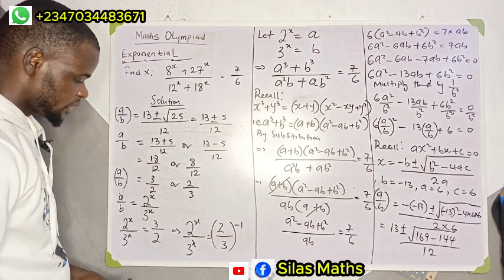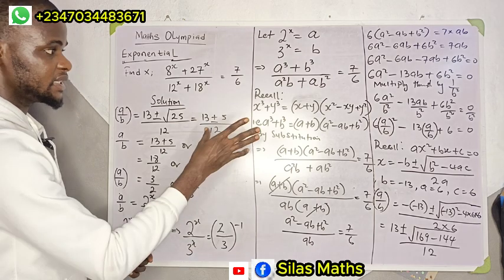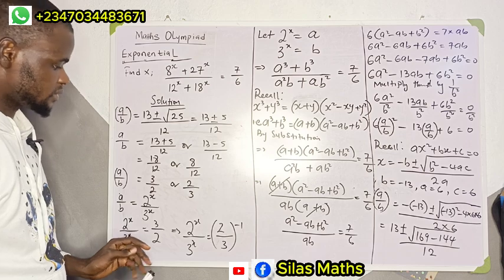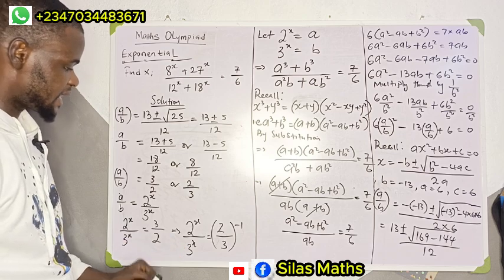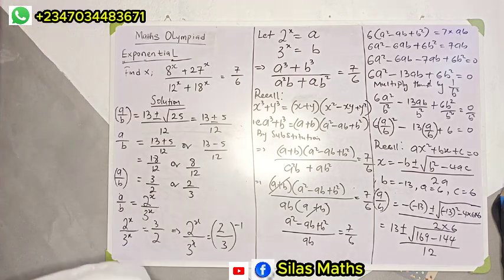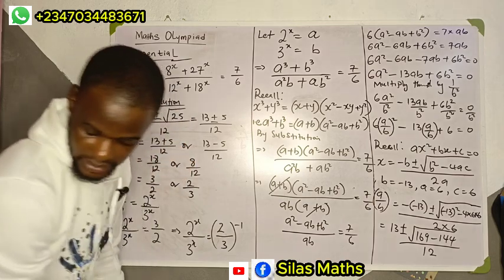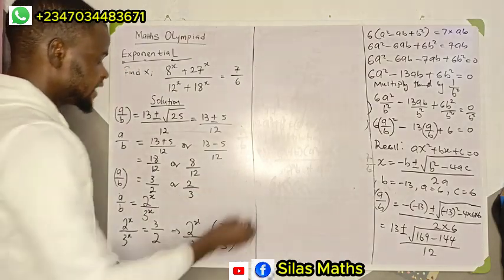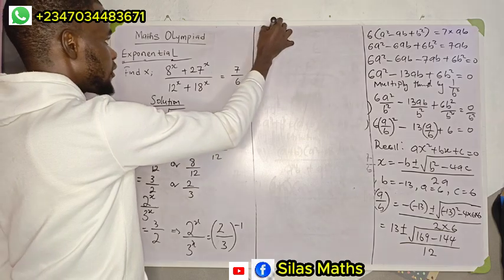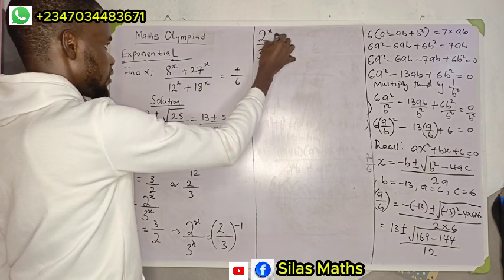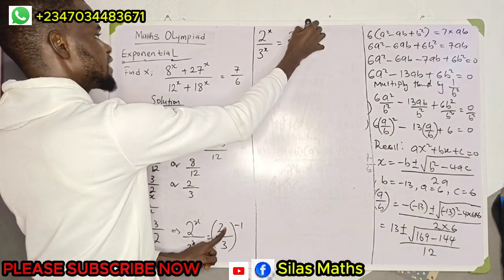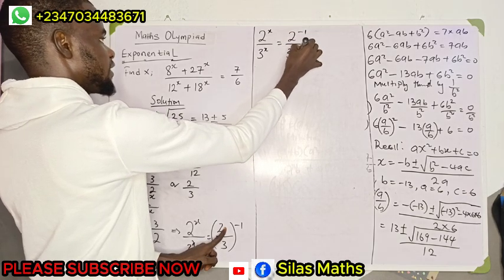So if that is the case here, I need to clean this place so you observe what we are doing here. So we can say that 2 to the power of X over 3 to the power of X is equal to what? 2 to the power of negative 1 all over 3 to the power of negative 1.